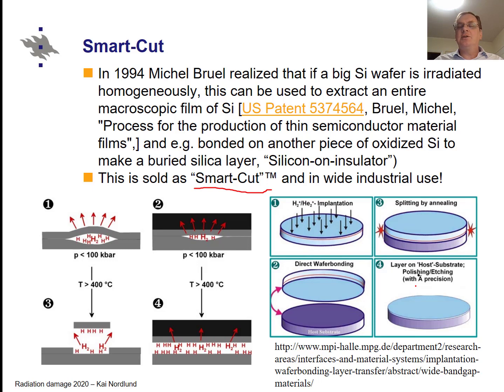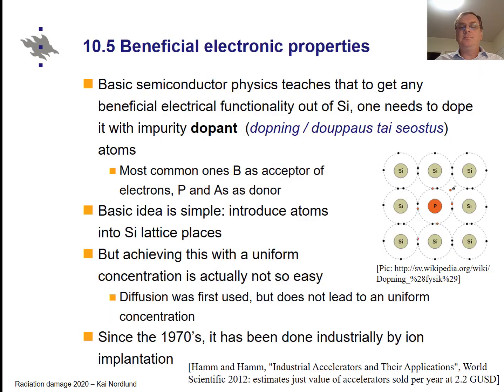So this basically was used as a way to make silicon on insulator, where you bonded this silicon on a buried silica layer, and then you can get Si with this thin silica layer below it, which is quite good for having an insulator layer below your active silicon layers.